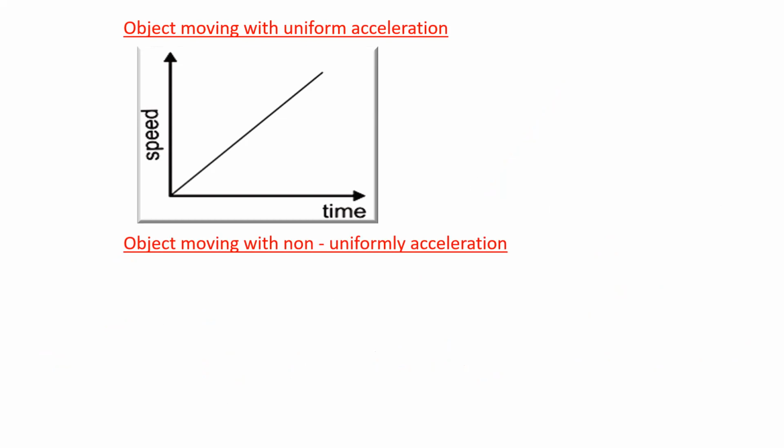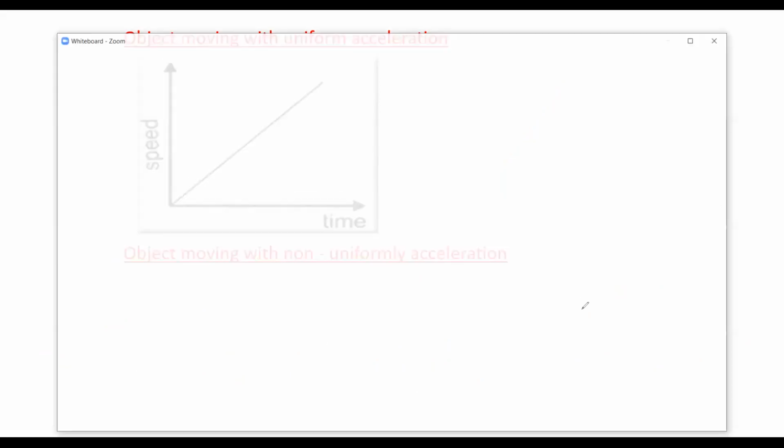So for a non-uniform acceleration, two possibilities are there. Number one, the acceleration might increase. Number two, the acceleration might decrease.